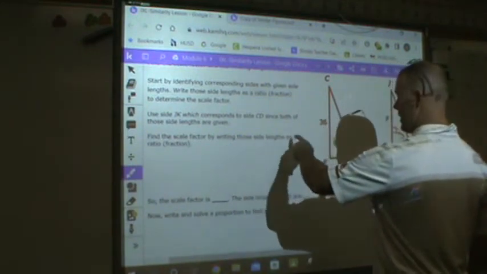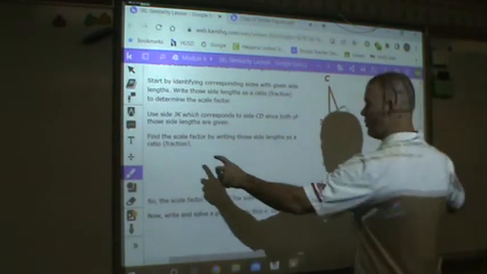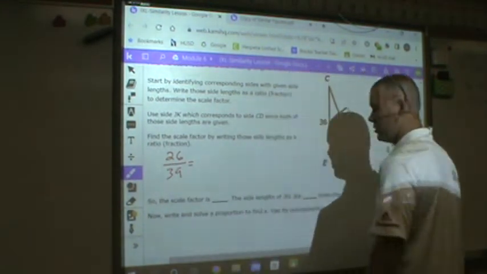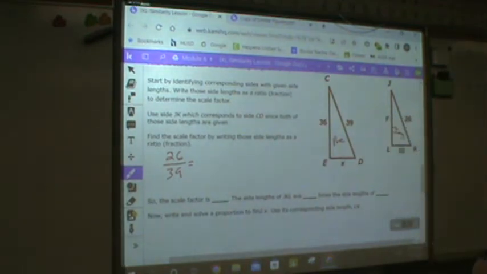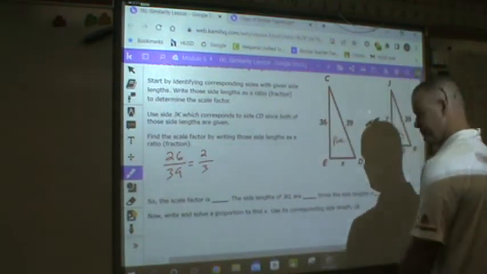So find the scale factor by writing the side lengths as a ratio or a fraction. Remember, it's image over pre-image. So 26 over 39. Does it reduce? Does 26 over 39 reduce? And yes, it should reduce to 2/3.